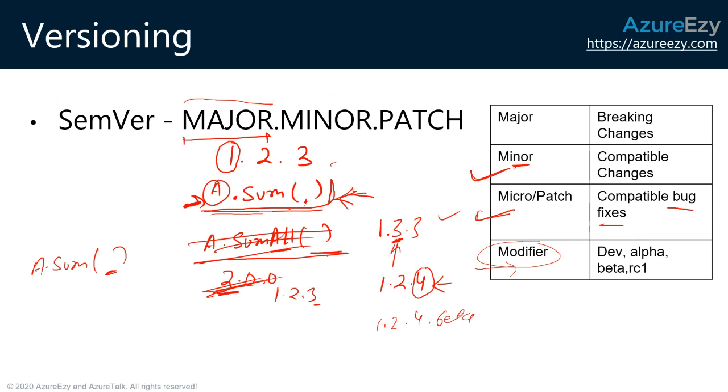So they put it as a modifier, so that whosoever is looking at those package updates, whosoever is using those packages, is aware that it has not been released yet. It is still in dev, alpha, beta, or RC. RC is release candidate. So this is how this whole package versioning system works.